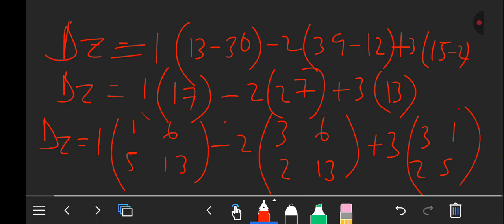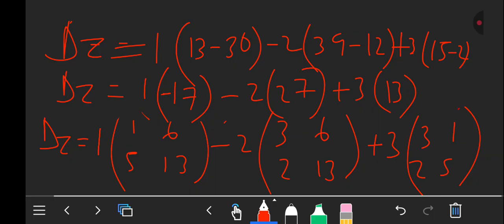Let me just punch this to see the value it gives us. So we are saying 17 minus 2 multiplied by 27 plus 3 multiplied by 13. So this should be negative, sorry, because 13 minus 30 is negative 17.